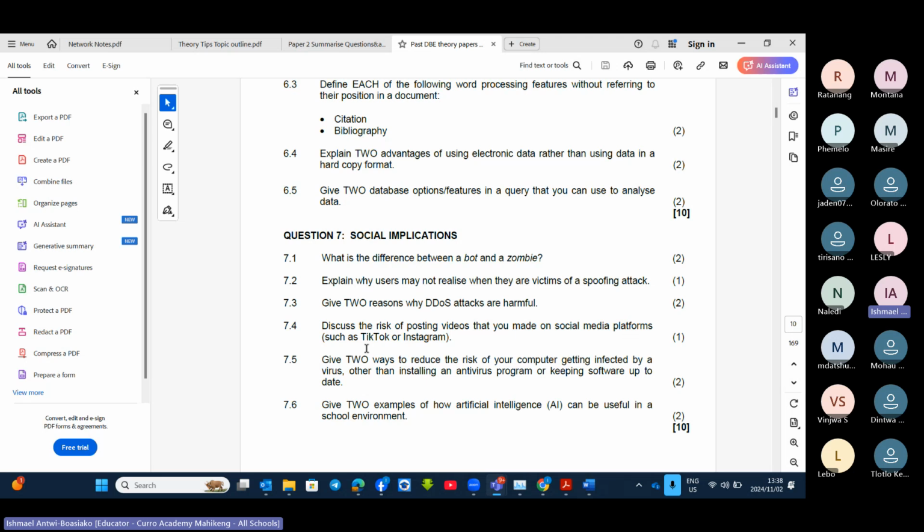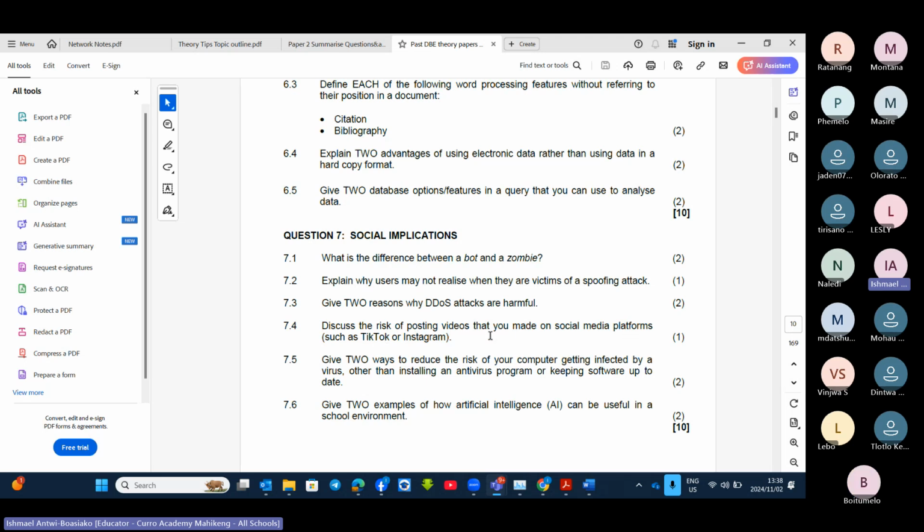And then also discuss the risk of posting videos that you made on social media platforms like TikTok. Give 2 ways to reduce the risk of your computer getting infected by a virus, other than installing antivirus programs. Give 2 examples of how artificial intelligence can be useful in our school environment. So for the 10 marks, they are always centered around the topics that we have discussed.